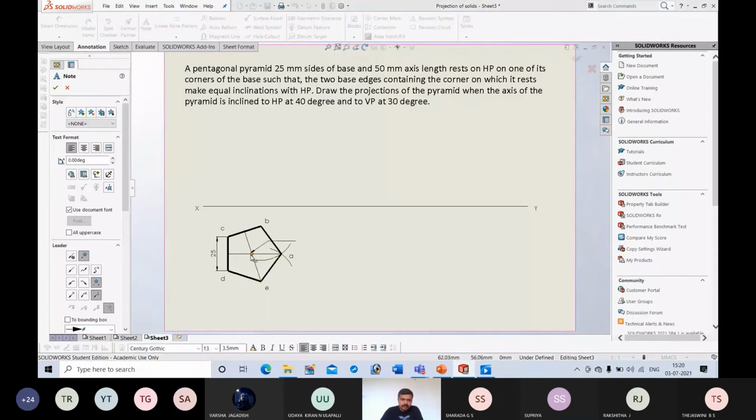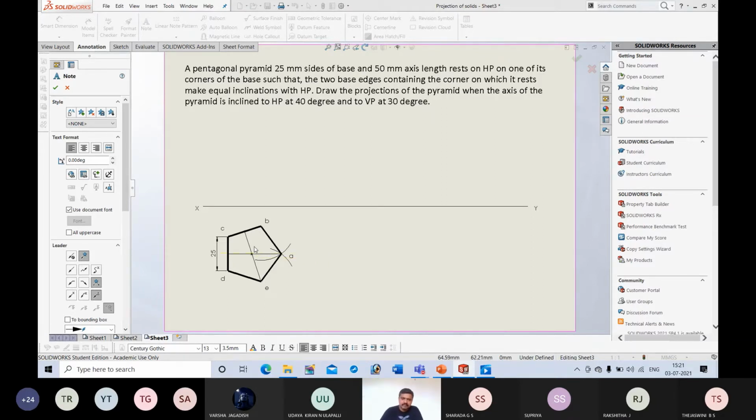Okay, this point represents axis. Since axis is perpendicular to HP, when you keep the solid in vertical orientation, axis will be perpendicular to HP. That means in top view it will look like a point.